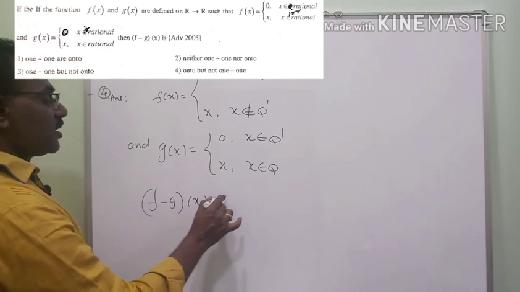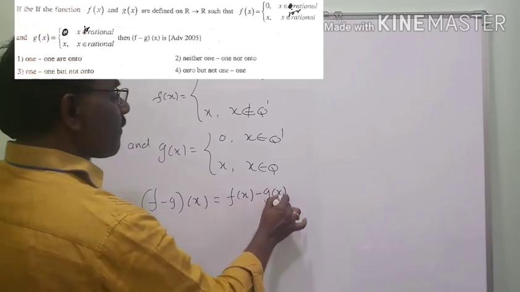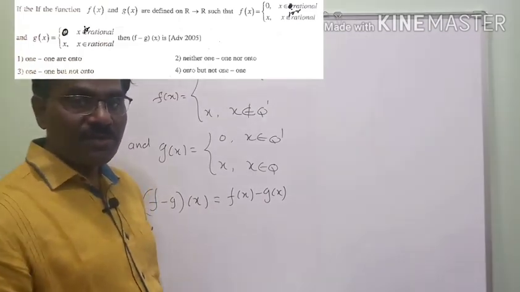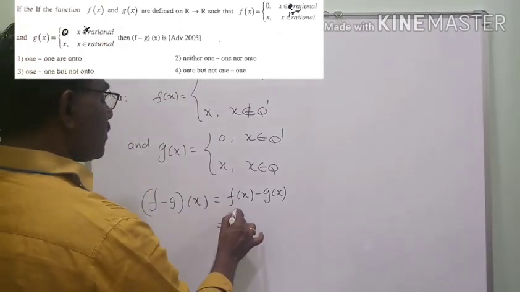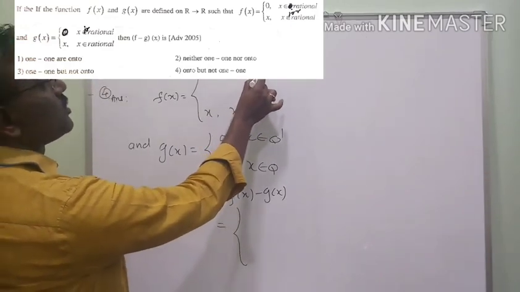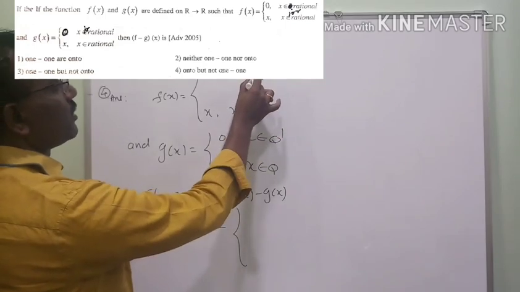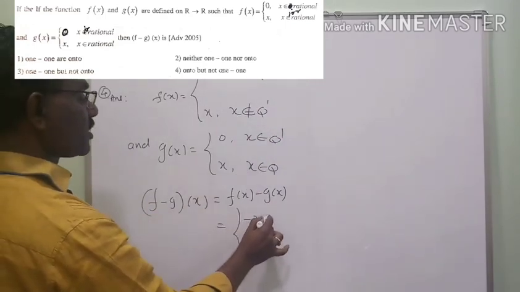f minus g is nothing but f of x minus g of x. This is the rational case, this is the irrational case. Here rational gives 0, here rational gives x. 0 minus x is minus x.